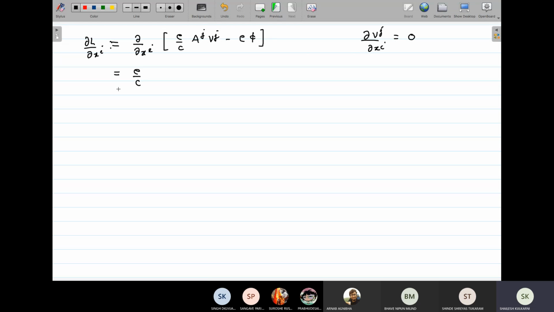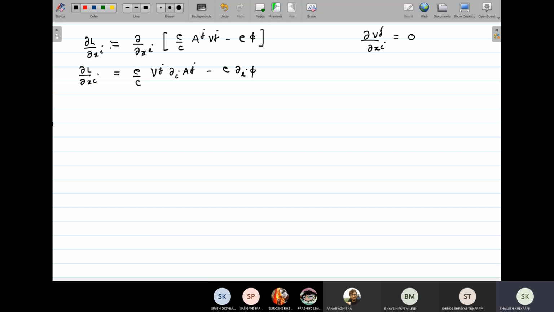So this will be 0. So I will first write v_j ∂_i A_j. So this is the first term, minus e ∂_i φ. So this is my ∂L/∂x_i.